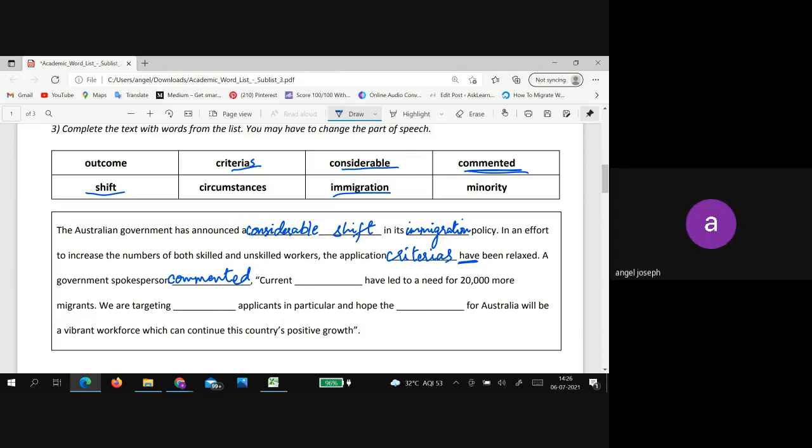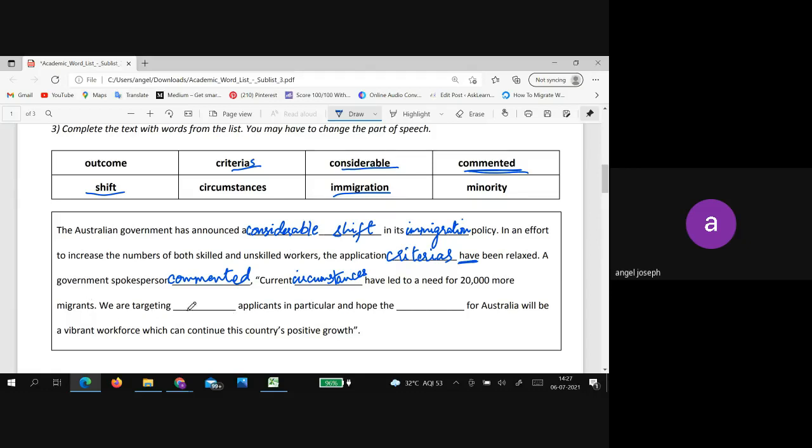Circumstances. Current circumstances, current situations, current scenarios. So we have another word, circumstances. Yes, absolutely correct. Current circumstances have led to a need for 20,000 more migrants.